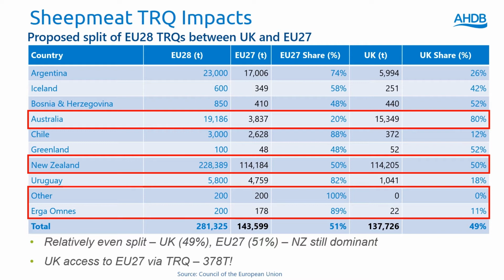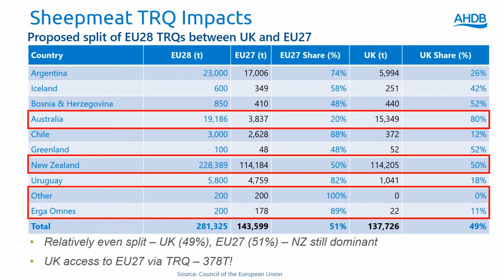And of course, those allocations of TRQ were based on historical trade. So there'll still be just over 114,000 tonnes of sheep meat and lamb eligible to enter into the UK via TRQ. Significant volumes as well coming in from Australia, also under a no-deal Brexit context, that we need to be mindful of.